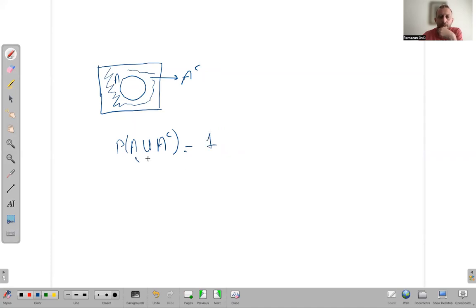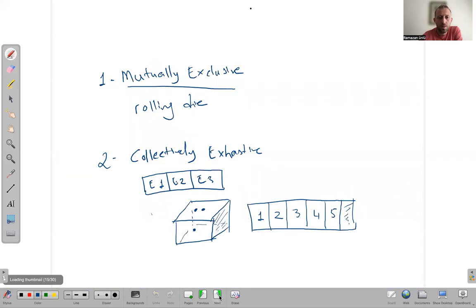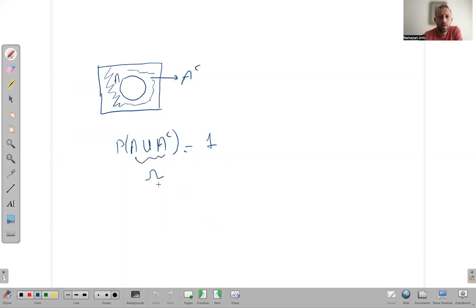Why? This part is actually our omega, and from the normalization axiom, we know that the probability of omega, the probability of the sample space, is 1. So I can say that this is equal to P(A) plus P(A complement) is 1, and I can say that P(A) is equal to 1 minus P(A complement).